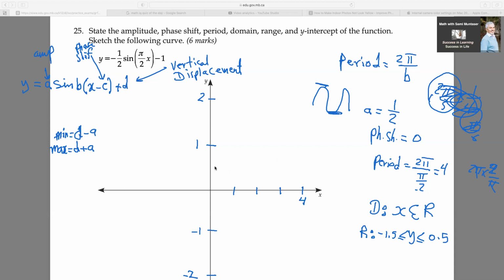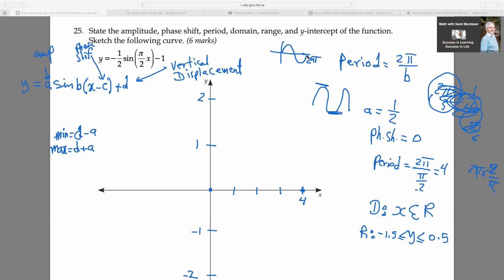So the first thing I'm gonna do, I'm gonna graph a sine graph without any of these transformations. I'm just gonna graph one period. The only thing I'm gonna do is the amplitude, okay? So the sine graph starts at 0, and in a full period, it also stops at 0. So if anybody wants to know how the sine graph looks, the sine graph looks like this between 0 and 2 pi.